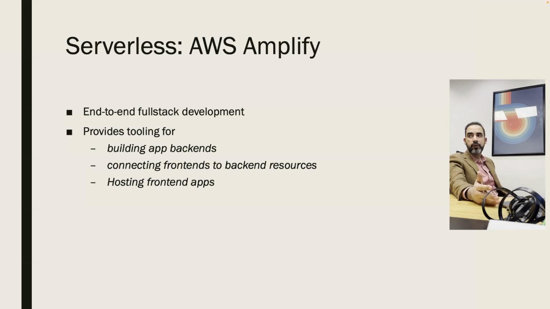But if you are using Amplify, all you need to do is use the Amplify CLI and say amplify add auth. That's all you need to do. And under the hood, it is going to create a Cognito pool for you, but you don't have to deal with this complexity. You just run one command, it's going to ask you some questions, and then it's going to create the resources for you.